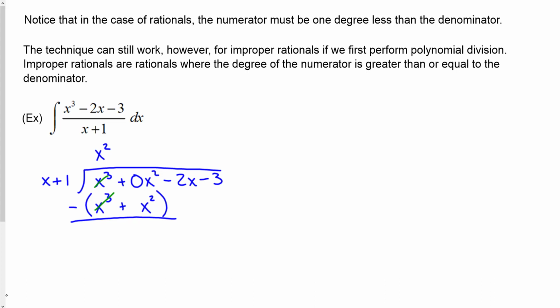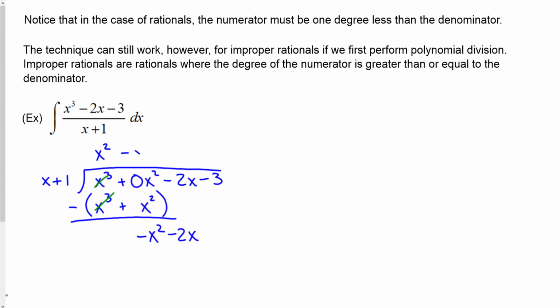But do be careful in this next step, because it's now 0x squared minus x squared, which would be negative x squared. It's very tempting to just add those together, and that's generally where the crux of the problem comes from. So next, let's bring down the next term. Negative x squared minus 2x. The process repeats itself, and I ask myself, what do I need to multiply x by to get negative x squared?